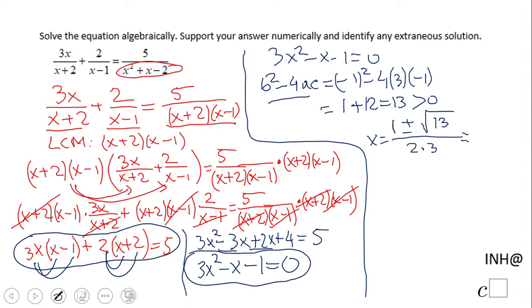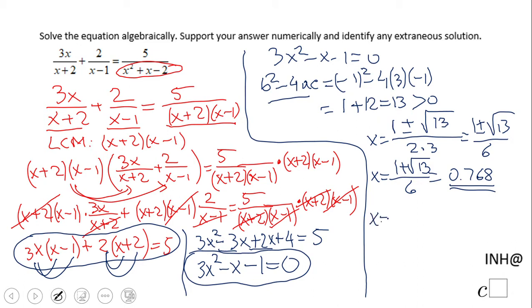So that will be 1 plus or minus the square root of 13 over 6, which is going to give us the two solutions. 1 plus the square root of 13 over 6, we use a calculator, we're going to get here 0.76, say approximated to 3 decimals. And the other one will be 1 minus the square root of 13 over 6.